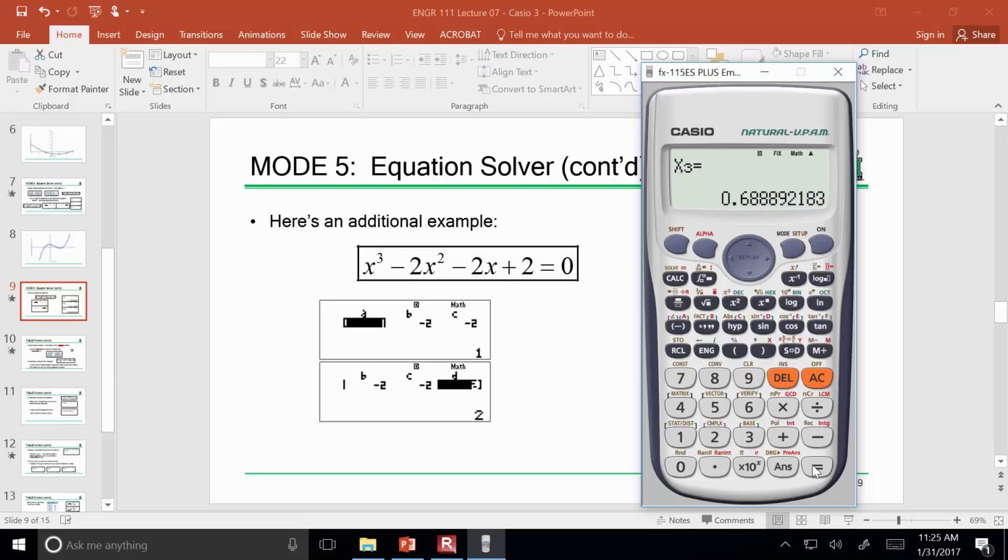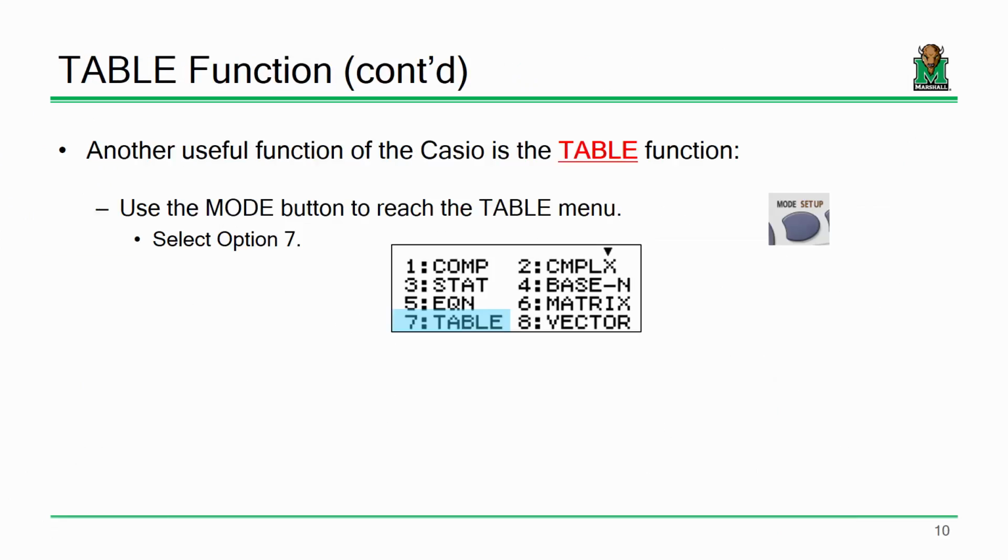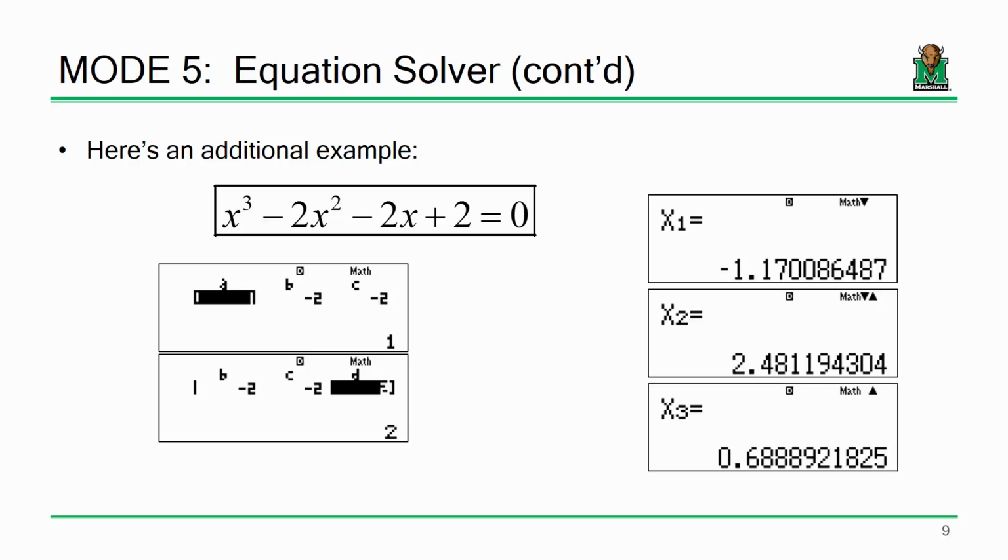And so it's going to come down, go up, down, and up again. So that's just sort of a brief conceptual sketch of what it should look like. All right. Any questions about how to use the cubic equation solver?